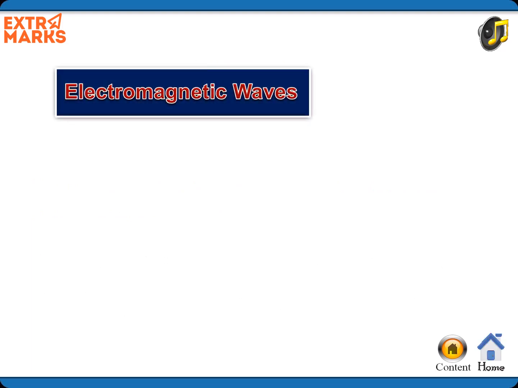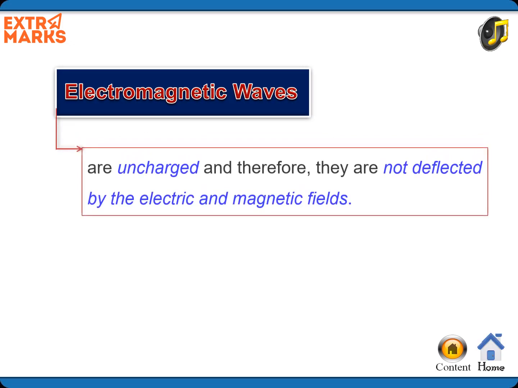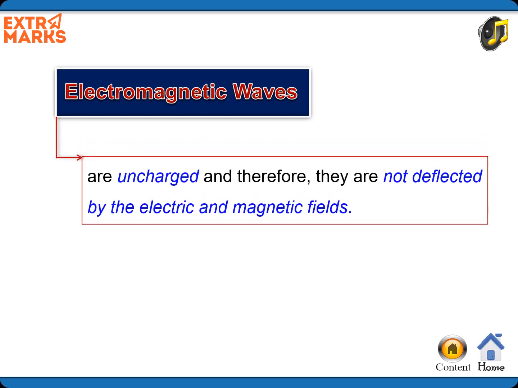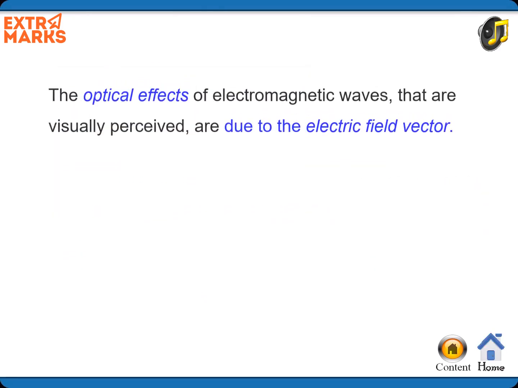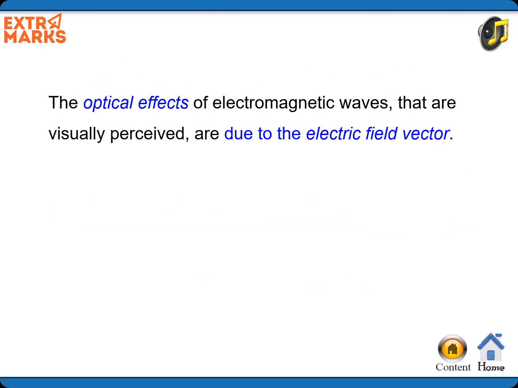Let's study more about electromagnetic waves. They are uncharged, therefore, not deflected by the electric and magnetic fields. They obey the principle of superposition. The optical effects of electromagnetic waves that are visually perceived are due to the electric field vector.